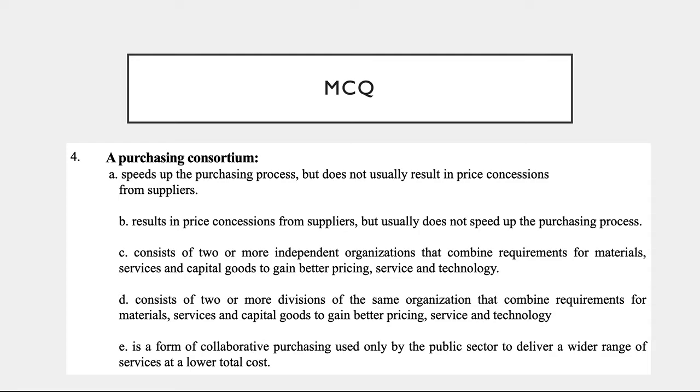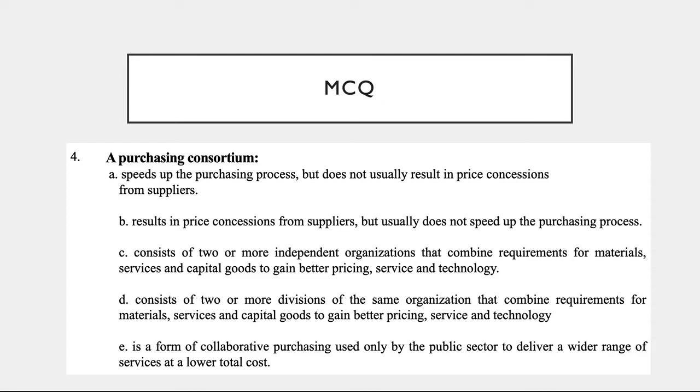C, consists of 2 or more independent organizations that combine requirements for materials, services, and capital goods to gain better pricing, services, and technology. D, consists of 2 or more divisions of the same organization that combine requirements for materials, services, and capital goods to gain better pricing, services, and technology. E, is a form of collaborative purchasing used only by the public sector to deliver a wider range of services at a lower total cost.